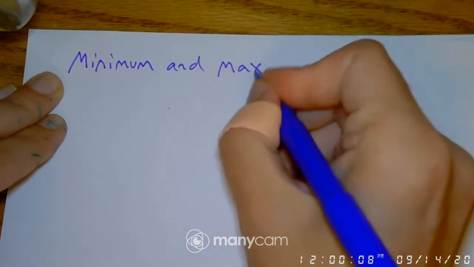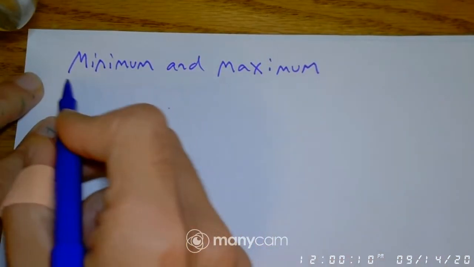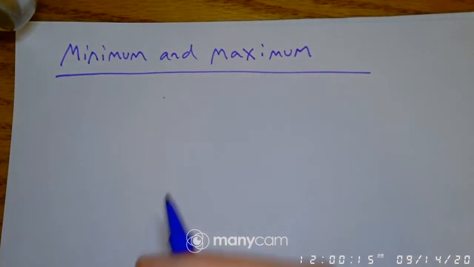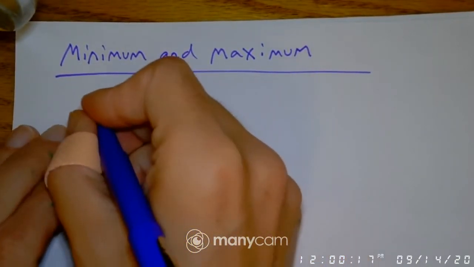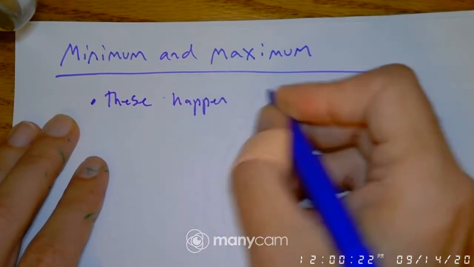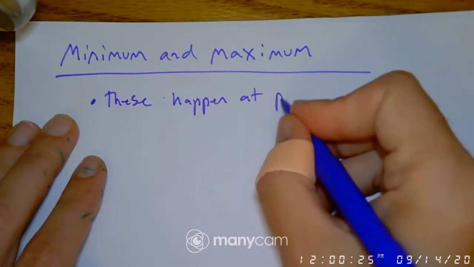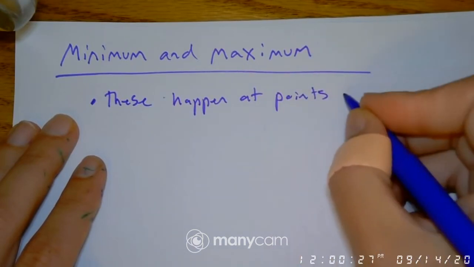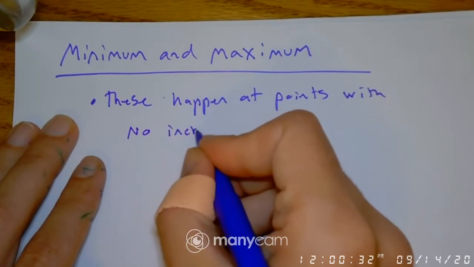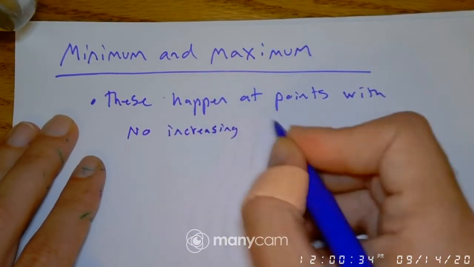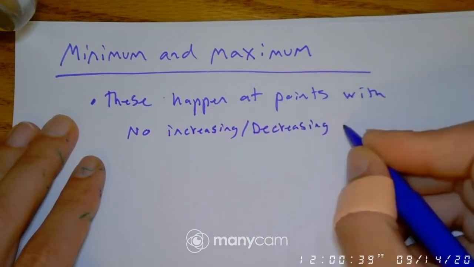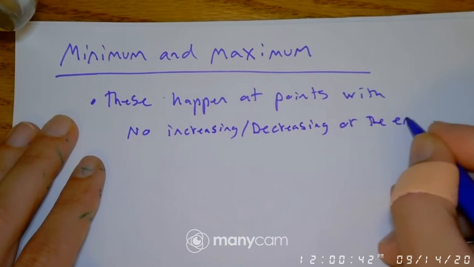So let's do max min. So let's talk about minimums and maximums. Okay, so I can't teach this without doing a little bit of calculus. So these happen at points with no increasing or decreasing, or the endpoints.